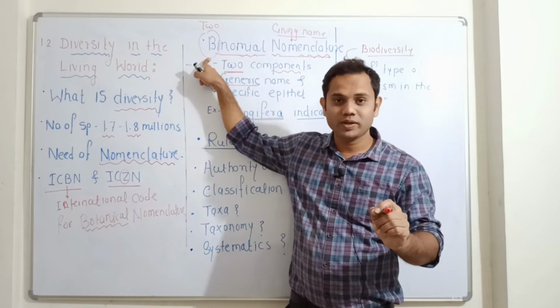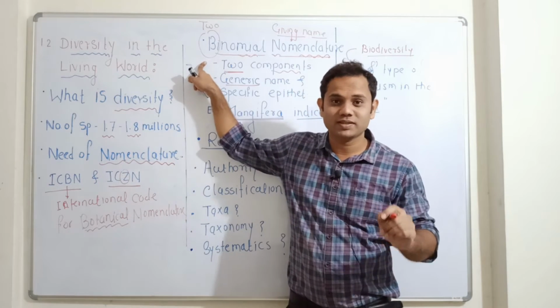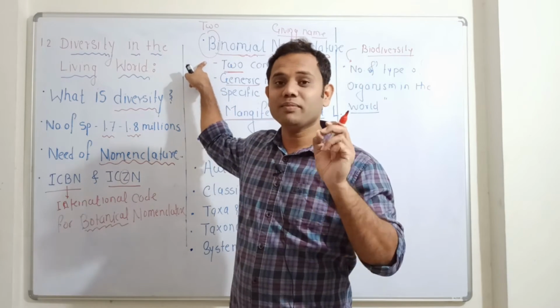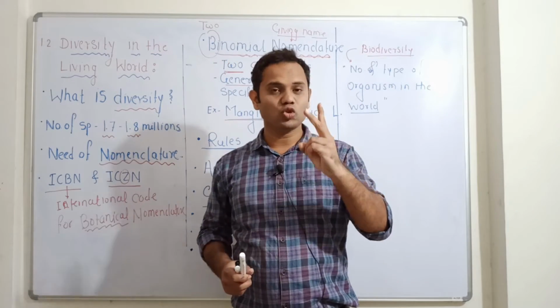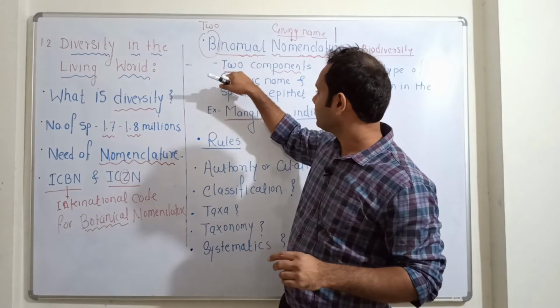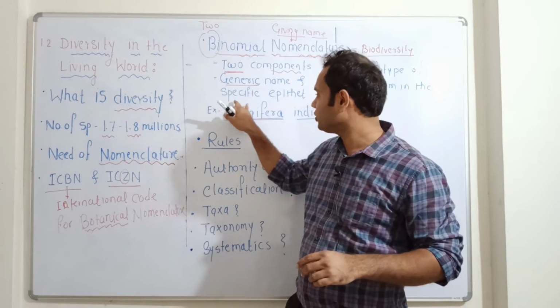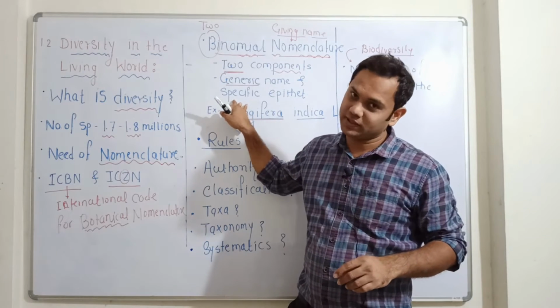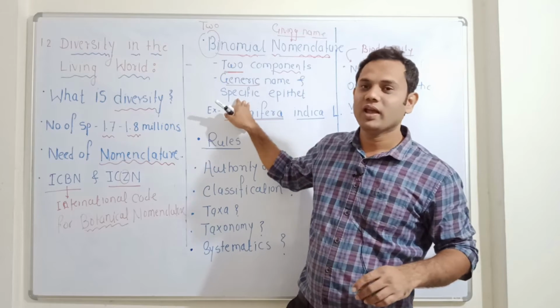This point should be remembered. The names that we give through binomial nomenclature are the same all over the world. It consists of two components. First is your generic name, and second is your specific epithet.